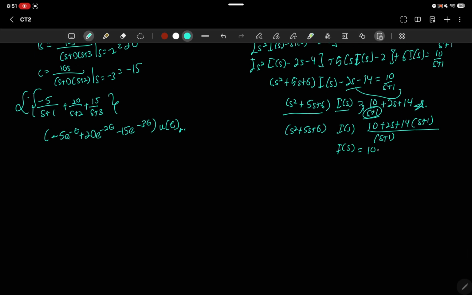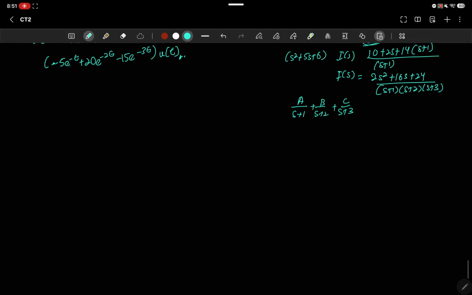Now the rest, after it's being simplified, would become as such. Now this is back in the partial fraction as just what we did. Okay, now doing this back, we will get the partial fraction using the cover-up method as such.